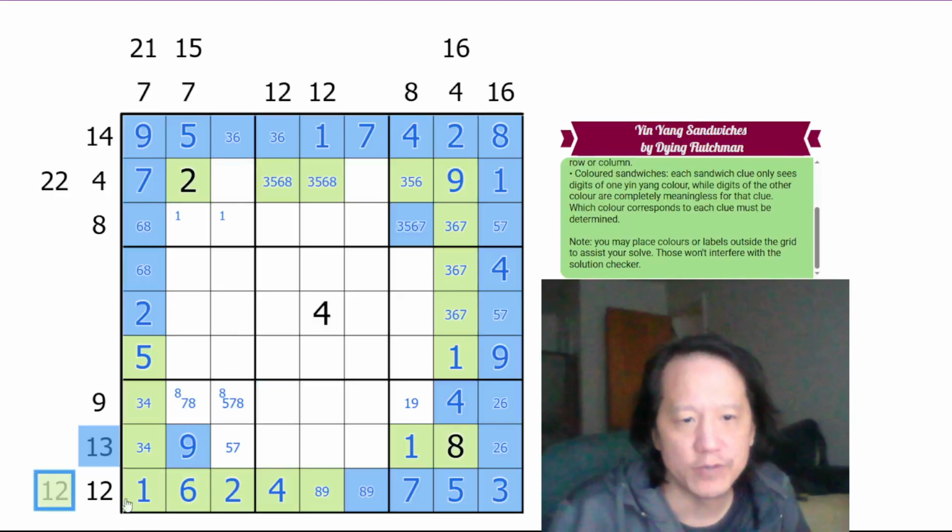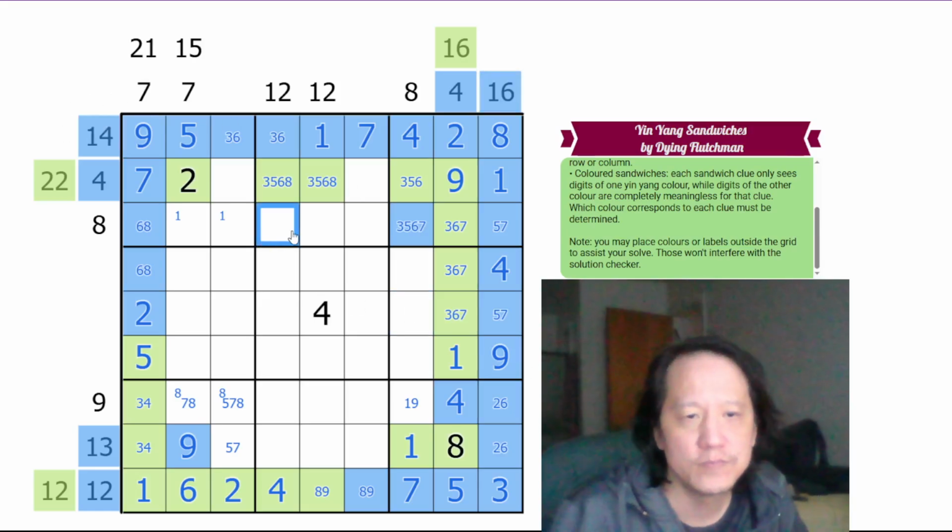This is whatever, green and blue. That's fun. Blue is the 4, and then green is the 22. Green is the 16, and blue is the 4. This is obviously blue. This is obviously blue. 7 is green here, and 21 is blue.